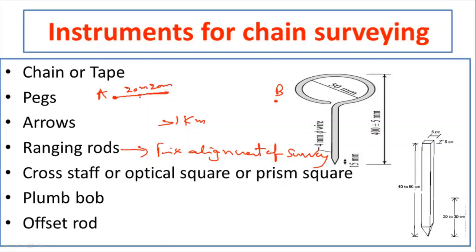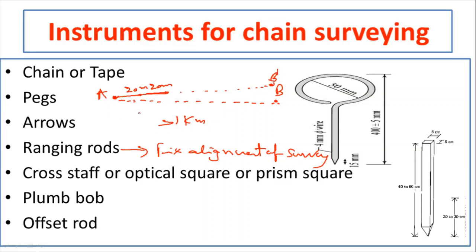Like this, if you keep on placing the chain and you do not know the exact alignment, then first you have placed the chain here, then you have placed the chain here, and then instead of reaching the point B, you will reach another point by mistake.